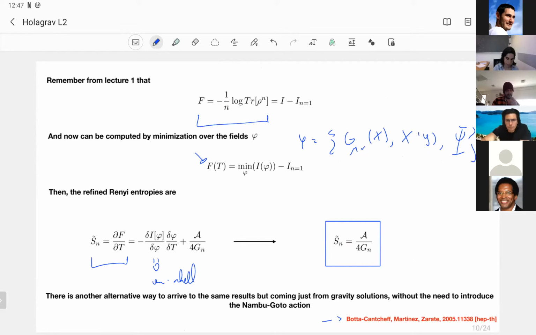Well, there is another way, treating this system with corners and Hayward terms, where you can show that it's not necessary to go away from gravity. Inside gravity, you also have all the information of these Renyi entropies. That is very nice.